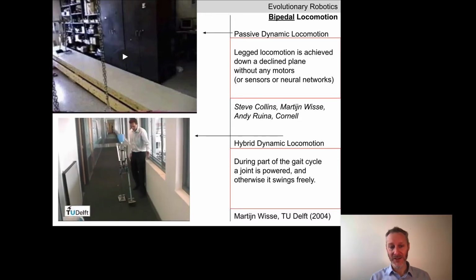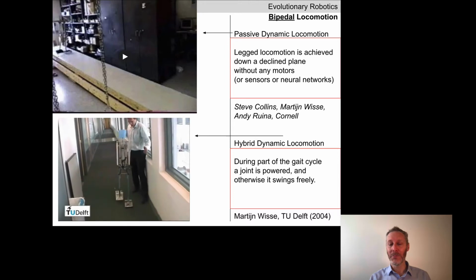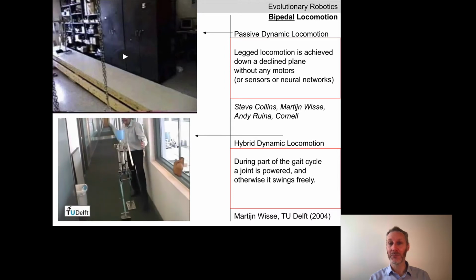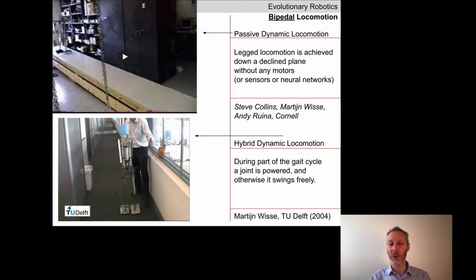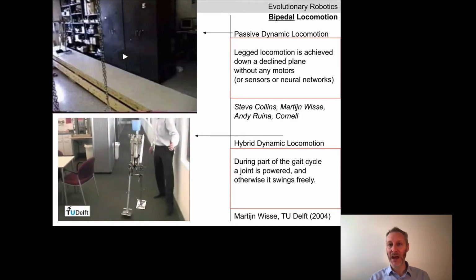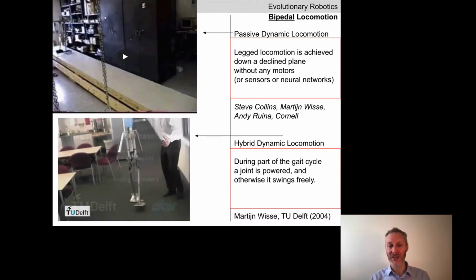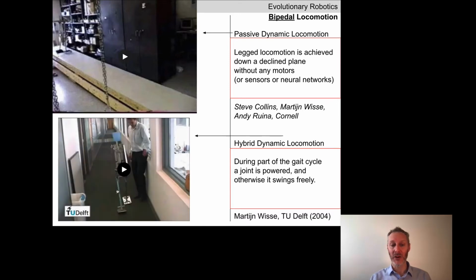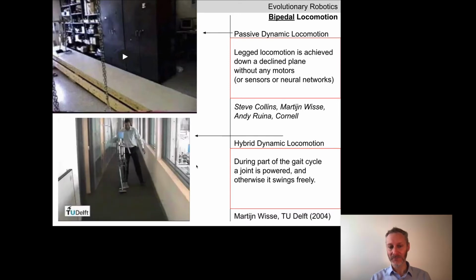In the Netherlands. This robot has an empty bucket on its head, which is sort of symbolic. It's meant to represent that this robot is extremely simple. There is no huge battery, there is no huge microprocessor, there is no complex orchestration of the legs.